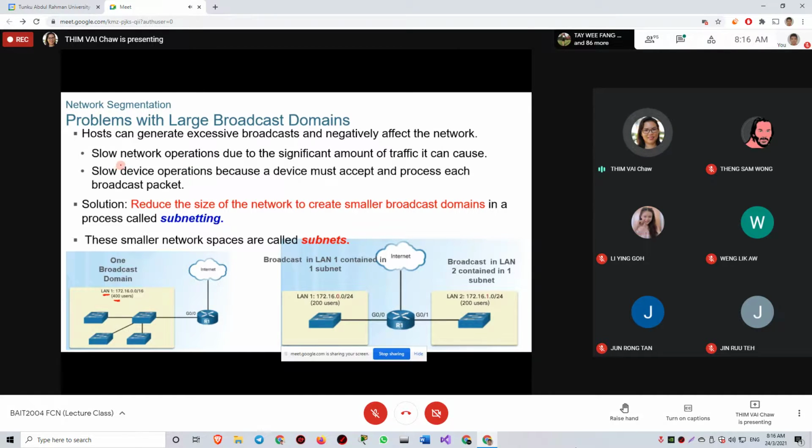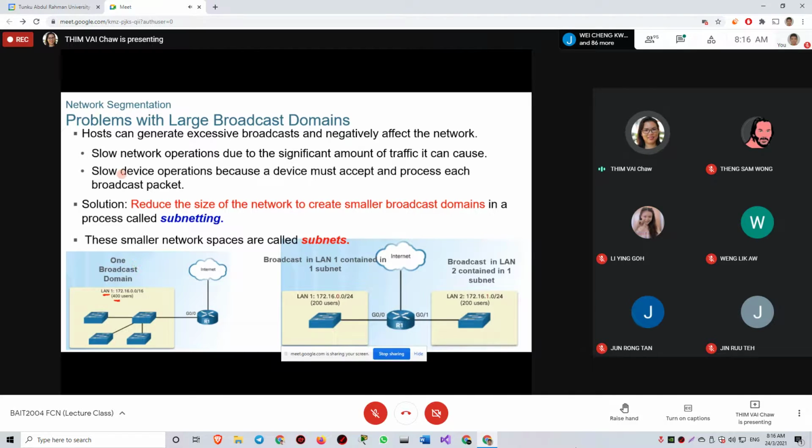So you'll slow down your network operation due to the significant amount of traffic that can be caused. It also slows down your devices, not only your network operation, but your switch, all these things need to process it because it's a broadcast message.